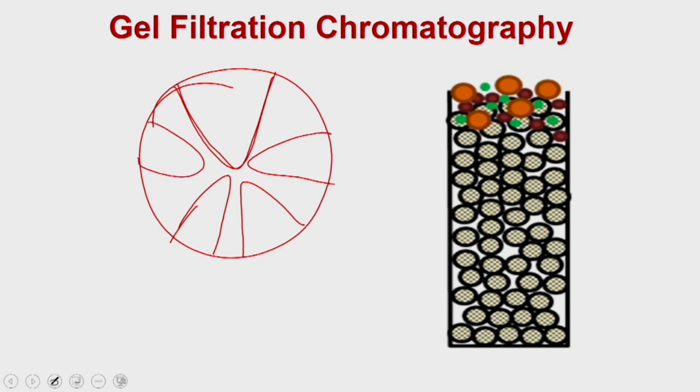Now, what will happen is, while the molecules are flowing on top of these beads, they are going to replace the buffer that is filled in these beads, and they are going to fill the pores.